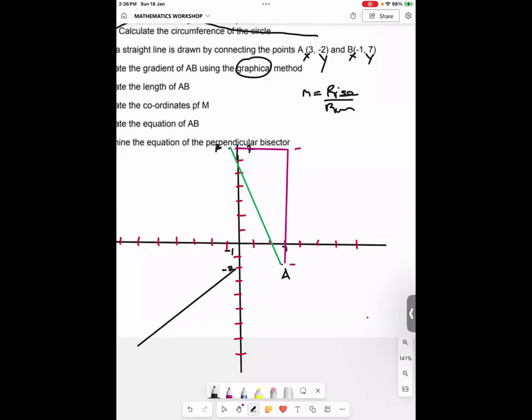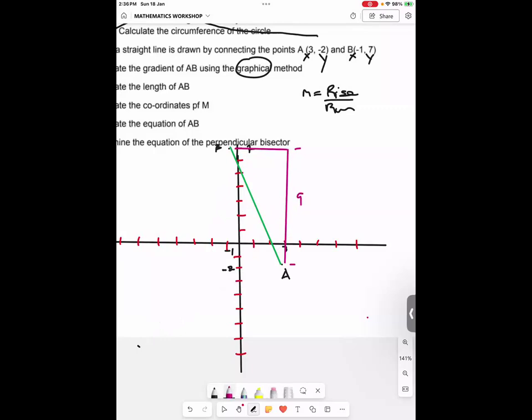We're going to count by 1. 1, 2, 3, 4, 5, 6, 7, 8, 9. So therefore, the distance between here and here is approximately 9 units.